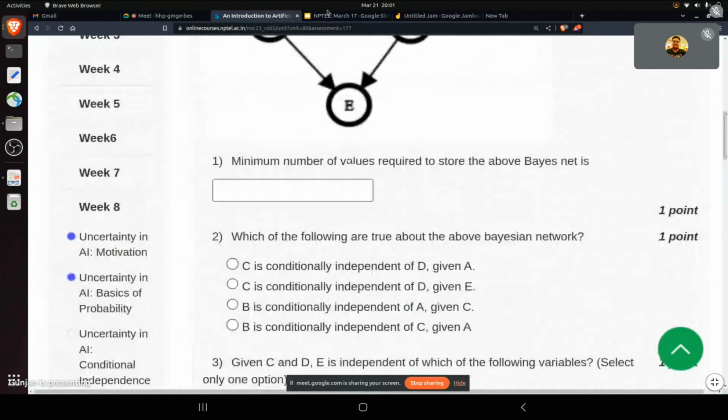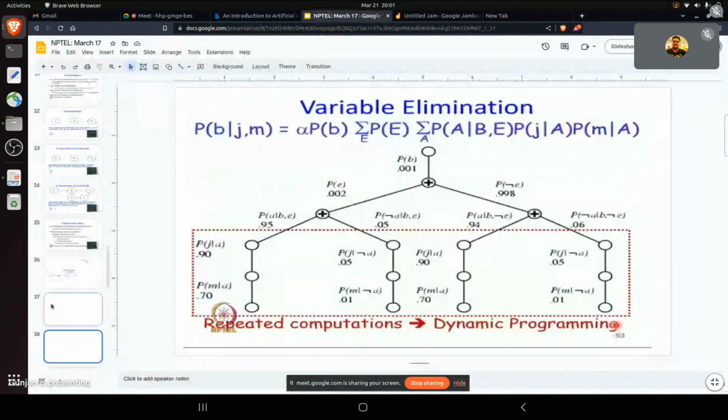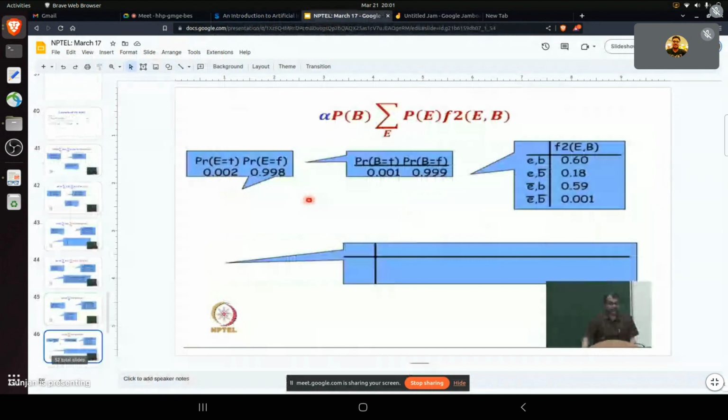And just remember these three rules of d-separation, which I will reiterate once more so that you don't have any confusion.